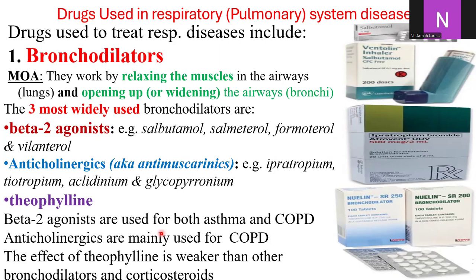So in this instance, you will notice that beta-2 agonists are the preferred choice for asthma, and for COPD, the preferred choice mainly is the anticholinergic agents.